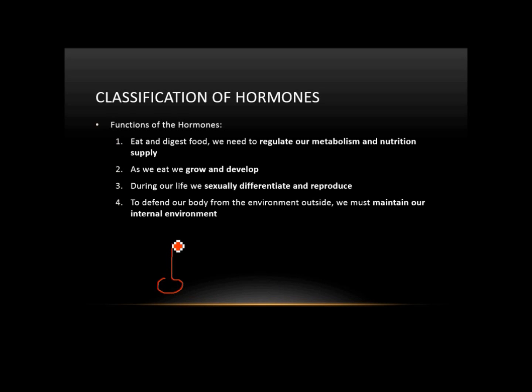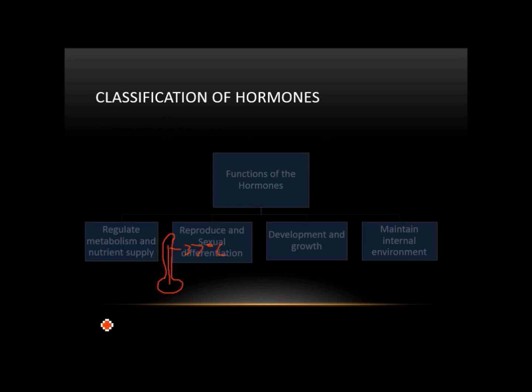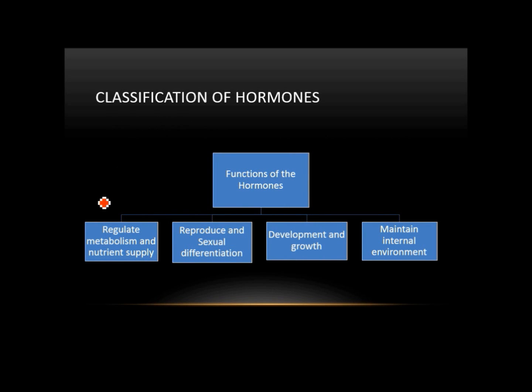Those are two key hormones in the body of the male and the female, respectively. And to defend our body from the environment outside is to maintain our internal environment by maintaining our homeostasis, which is the blood volume, the temperature, the immune system, and so on.